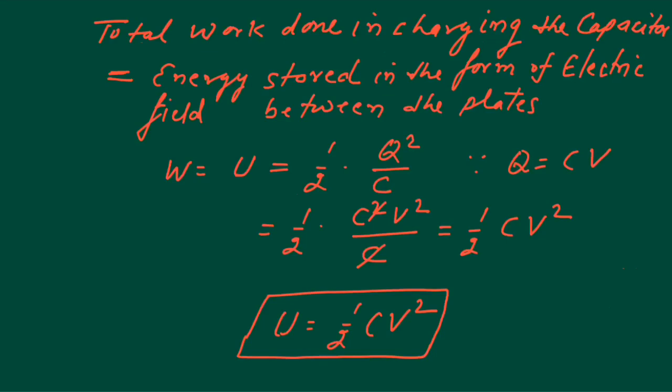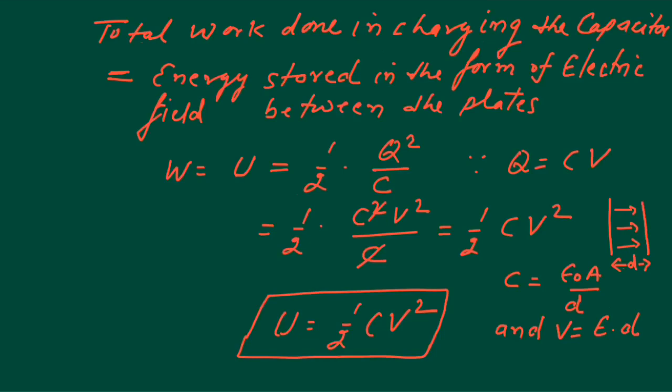Now we know that C equal to epsilon naught A upon D and V equal to E into D, where D is the distance between the two plates. Suppose this is the capacitor and the distance between these two plates is D. So the potential between the plates will be equal to the electric field between the plates times the distance between the two plates.